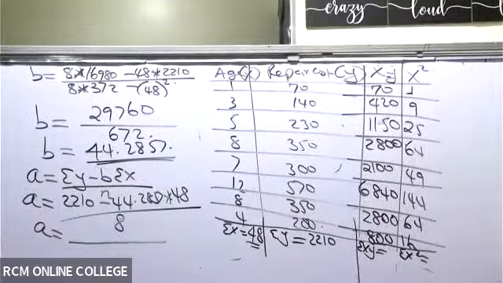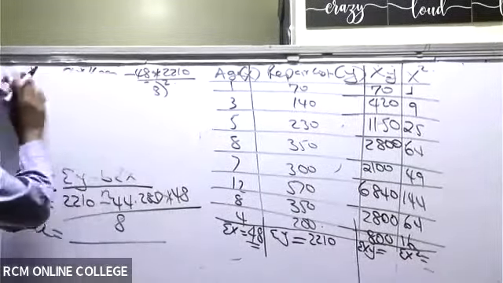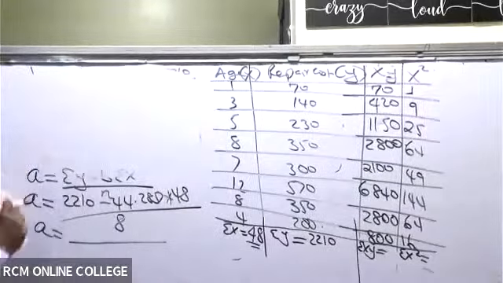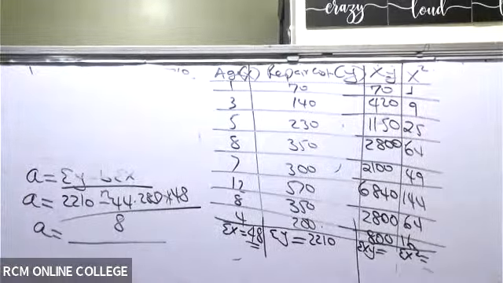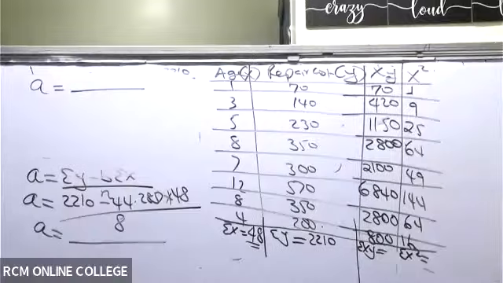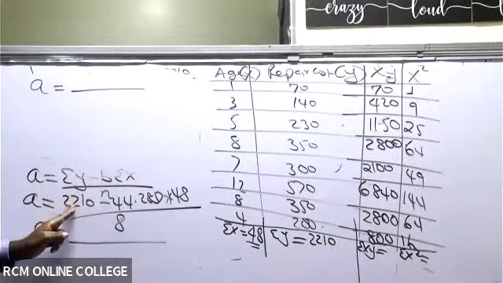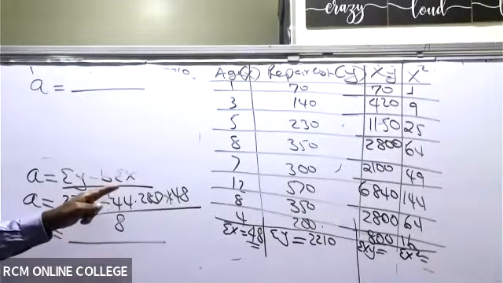Is there somebody able to give me the numerator for getting the value of A? To get the numerator, we take 2210 minus 44.2857 times 48.